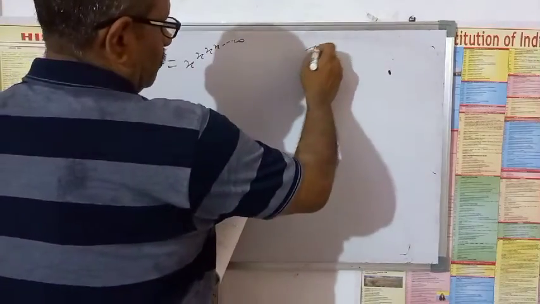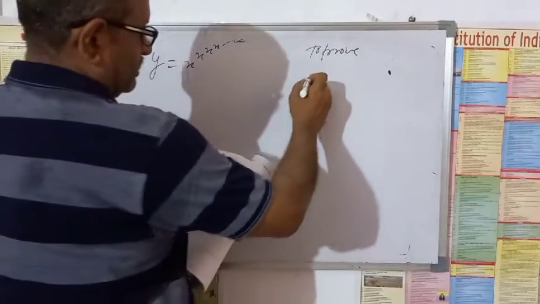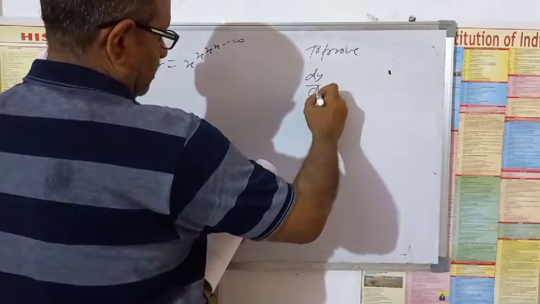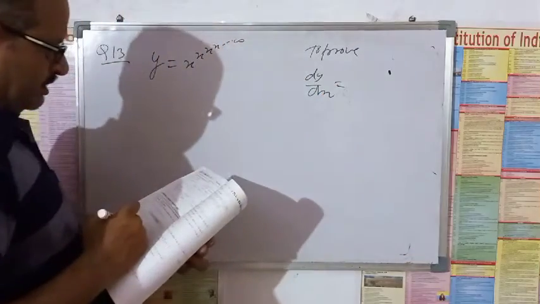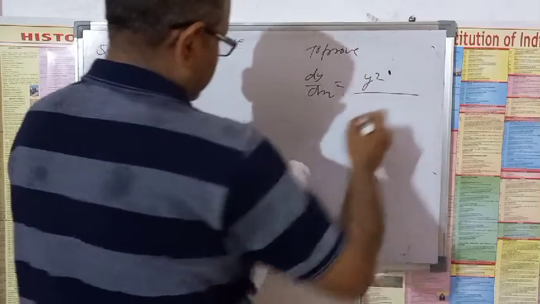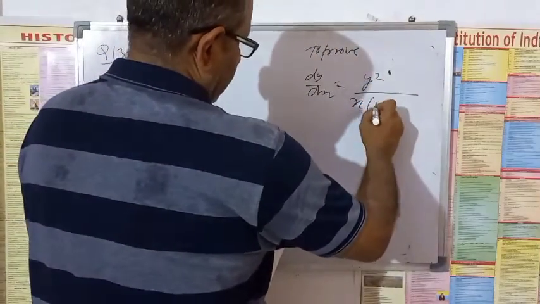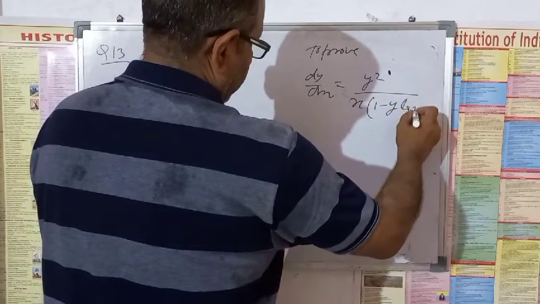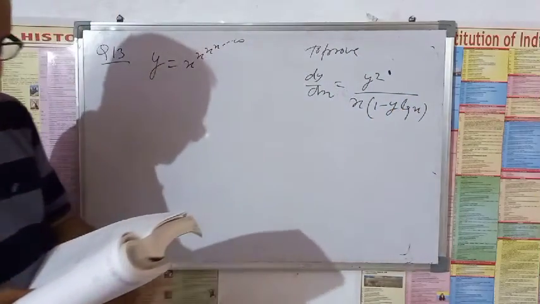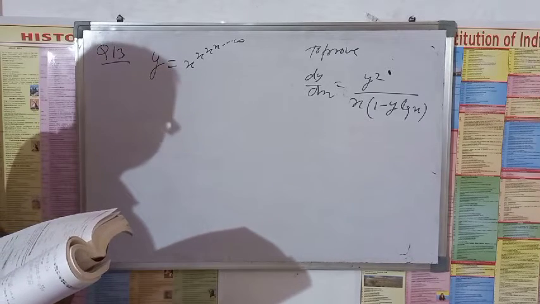Then we have to prove dy by dx is equal to y square upon x into 1 minus y log x.